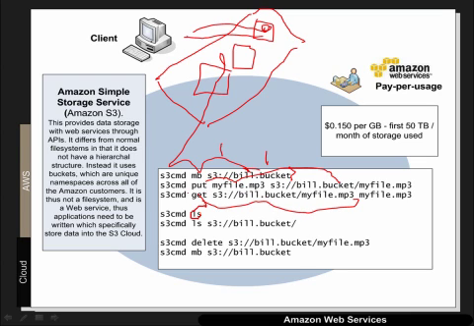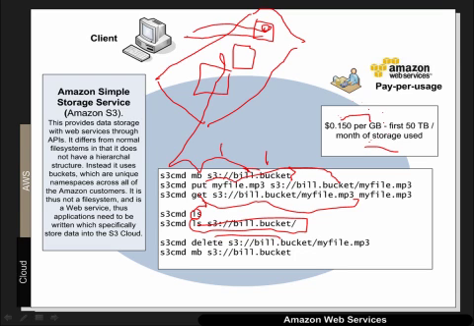We can list all our content inside our buckets with the ls and list a specific one, and we can also delete our content using the delete option. So typical cost is $0.15 per gigabyte per month of the storage actually used.